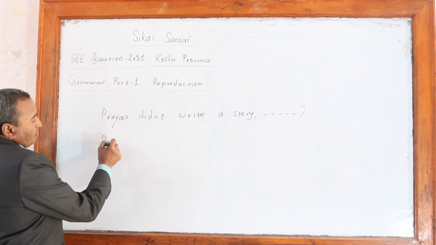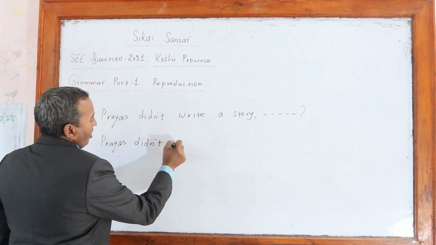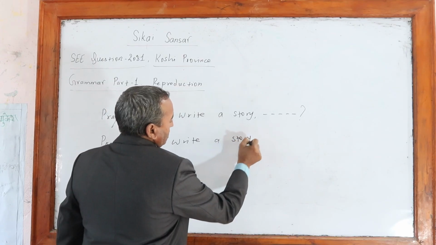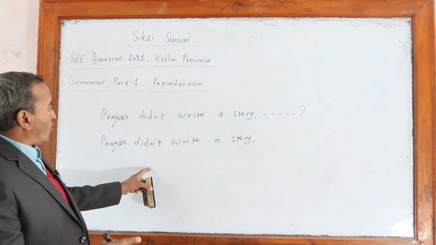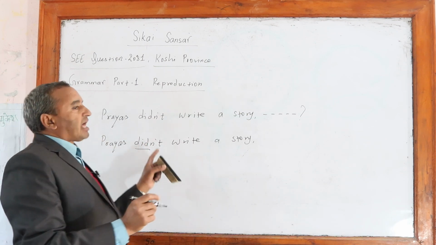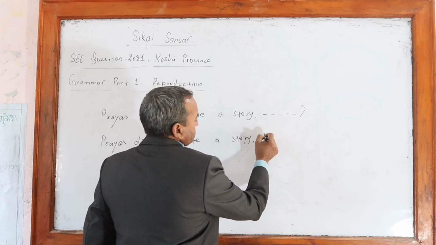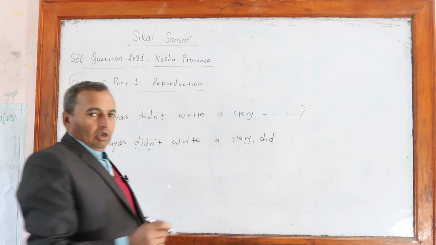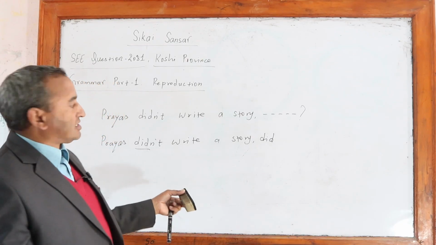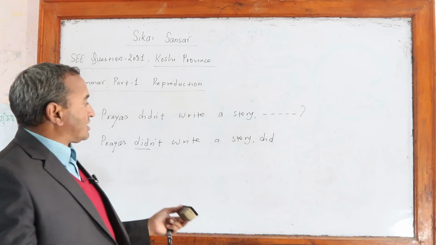Okay, Prayas didn't write a story. The comma is always there, so did is already given here, so we can put that very did in front of the question tag. So did comes here. Now we don't need any not because the given statement is already in negative form, so we are going to supply the affirmative question tag.